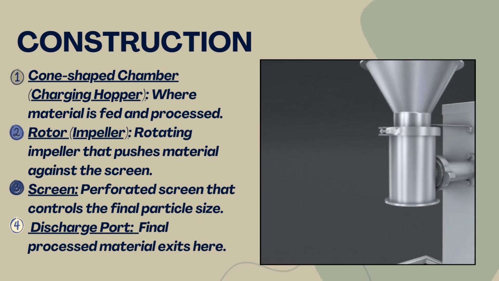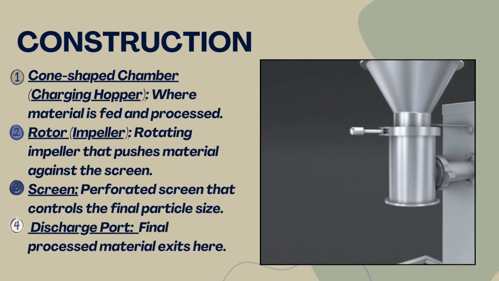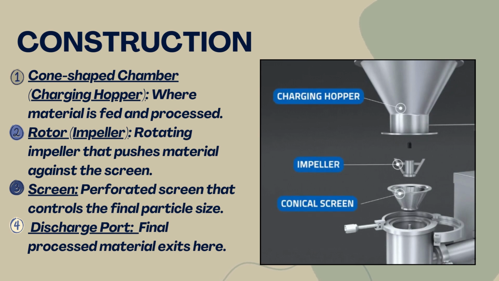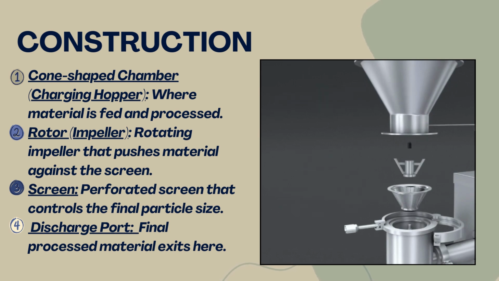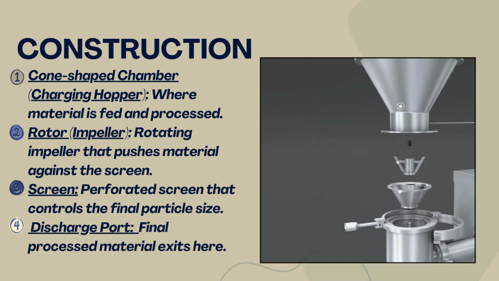The screen is the perforated screen that controls the fine particle sizes, which means it allows only the desired size of particle in the outlet to pass through it, keeping the larger particles in the grinding chamber. And at last is the discharge port, which is the exit of processed materials. Clear? So this was a simple construction of cone mill.